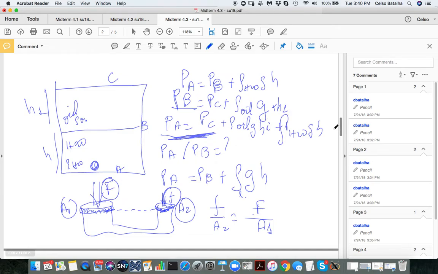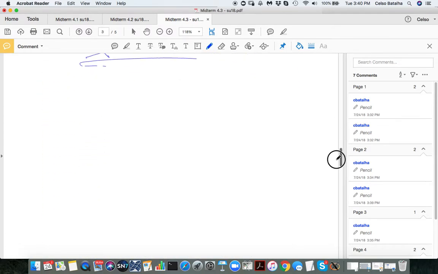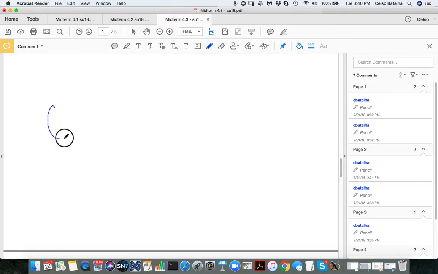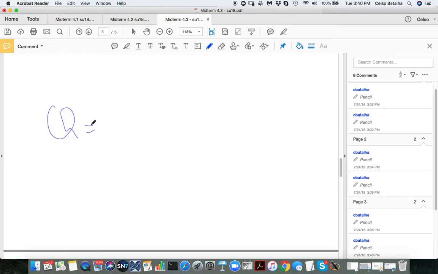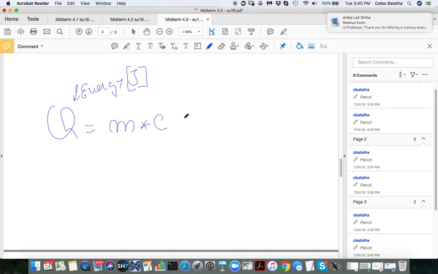Don't forget to review your buoyant force. And tomorrow I'm going to mention calorimetry. Calorimetry is how objects exchange heat. And heat is energy, right? Energy in joules. Heat is given by the mass of an object times some constant that's called specific heat times the change in temperature these bodies experience.